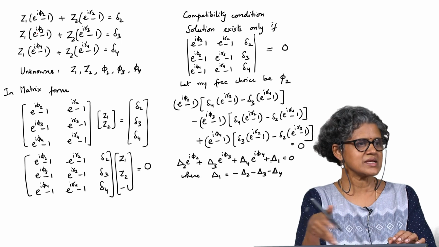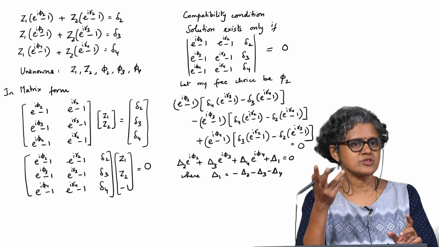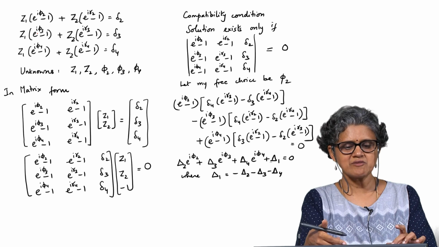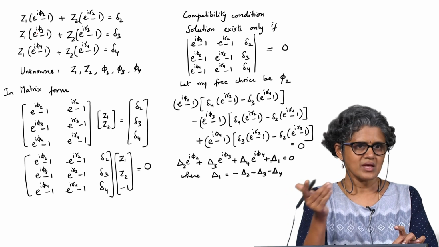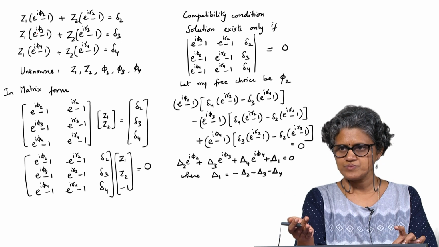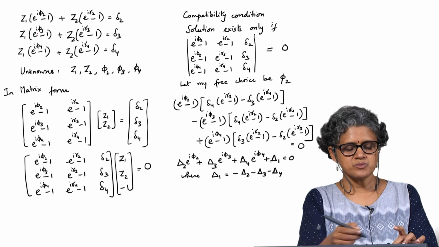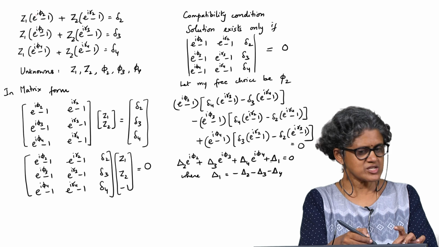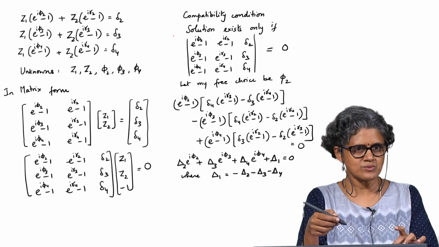Then it becomes just a linear system. See, earlier for the 3 position problem, we picked phi 2 and phi 3 as free choices and made this a linear system of equations in Z1 and Z2.